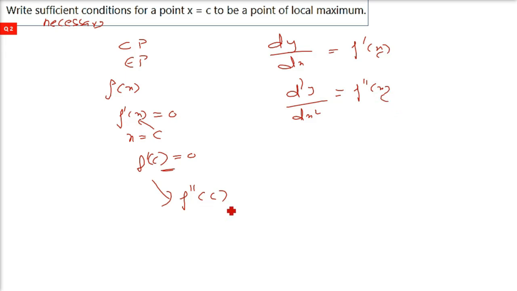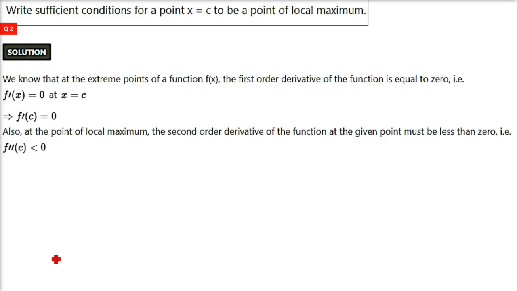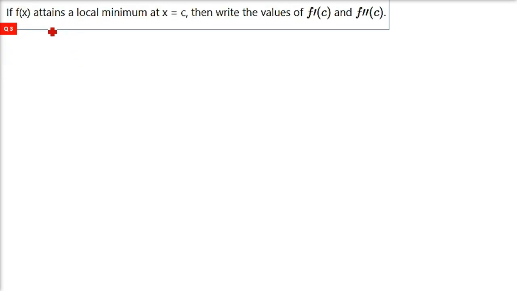If f double dash c, the double differentiation, is less than 0, we say it is maximum; greater than 0, it is minimum. These are the necessary and sufficient conditions. So you just have to add one more line to question number 1.